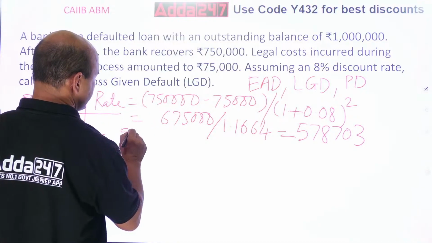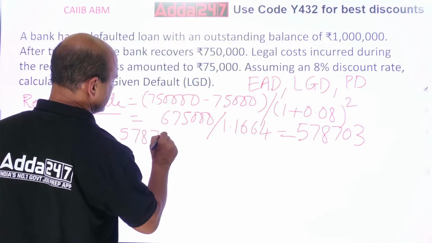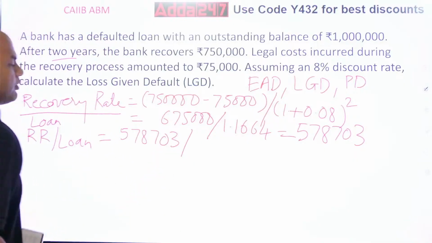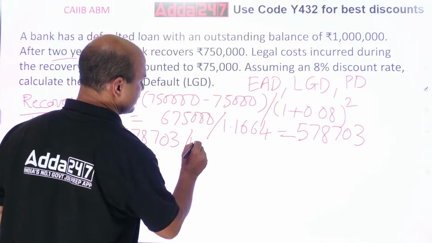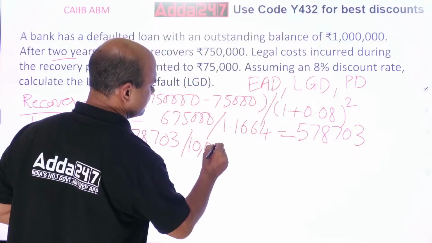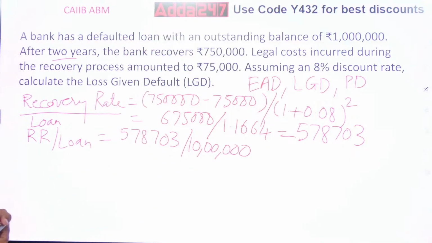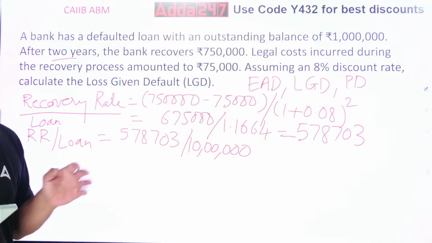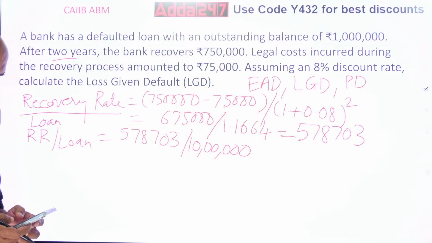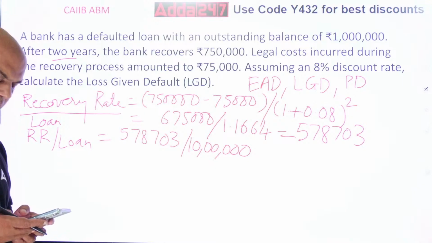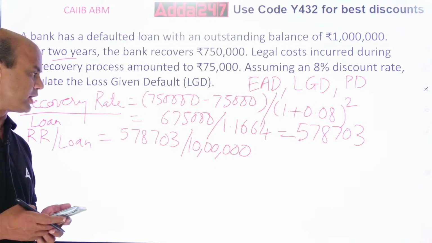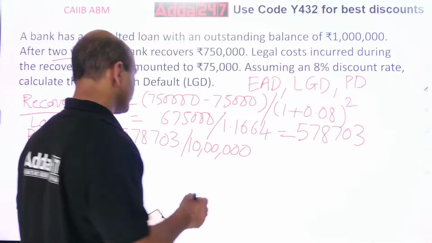5,78,703 upon, what is my figure? Loan amount 10 lakhs. So now calculate the answer. Recovery rate upon loan amount. What is the answer for this now? So this divided by 10 lakhs, 6 zeros, right? So you get it as 0.578.